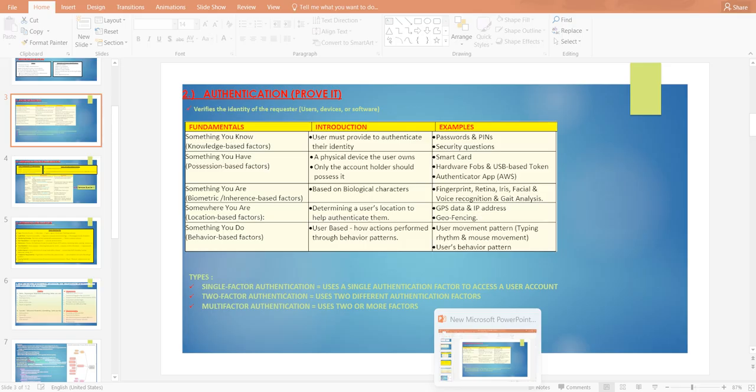Password. Absolutely. And something you are? Biometric. Absolutely. Fingerprinting, your retina scan, or your face scan is also considered something you are. Very good.